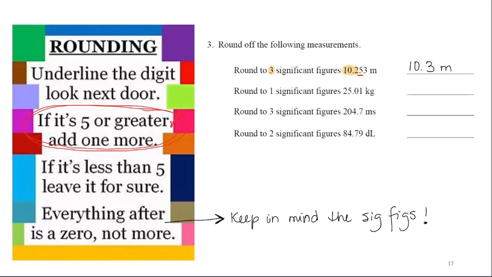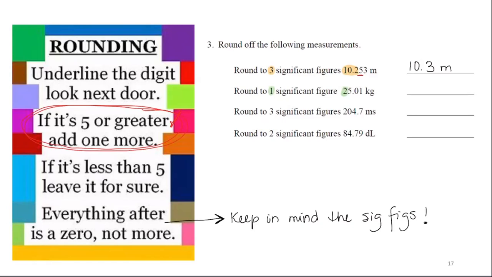Let's go through the second example. Round to 1 significant figure, 25.01 kilograms. Okay. So what is my 1 sig fig here? The 2.